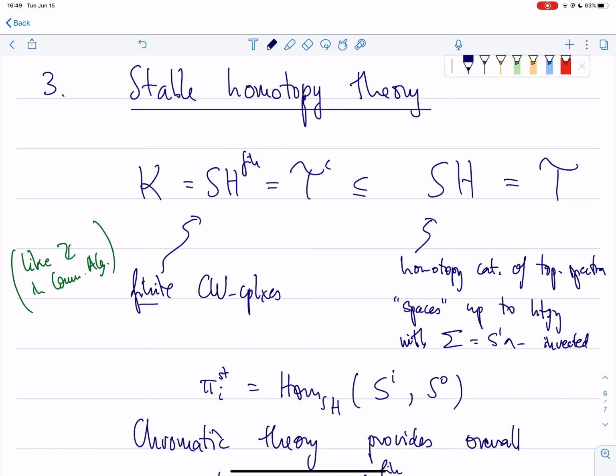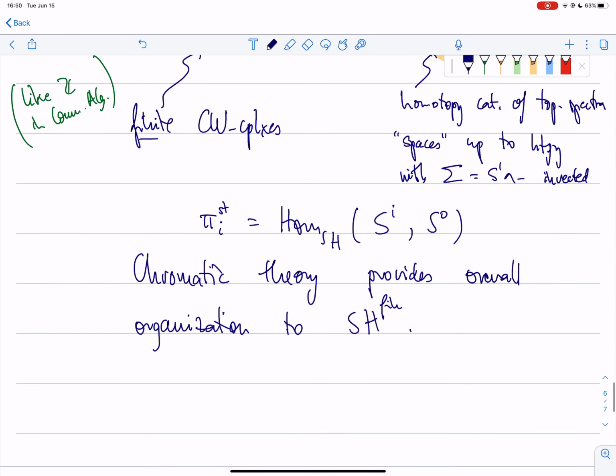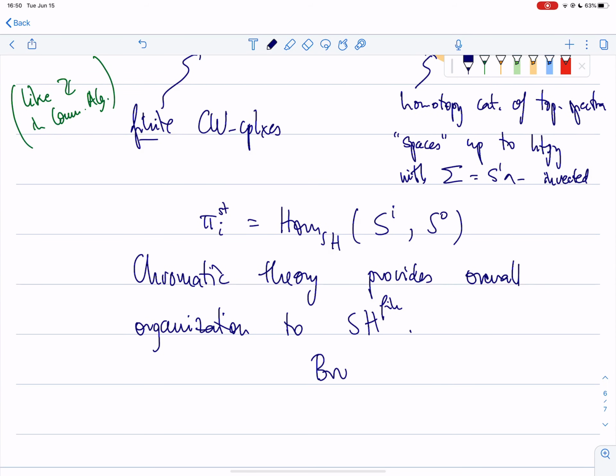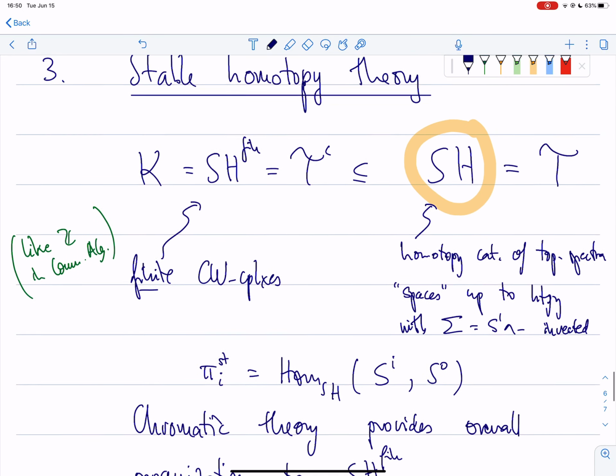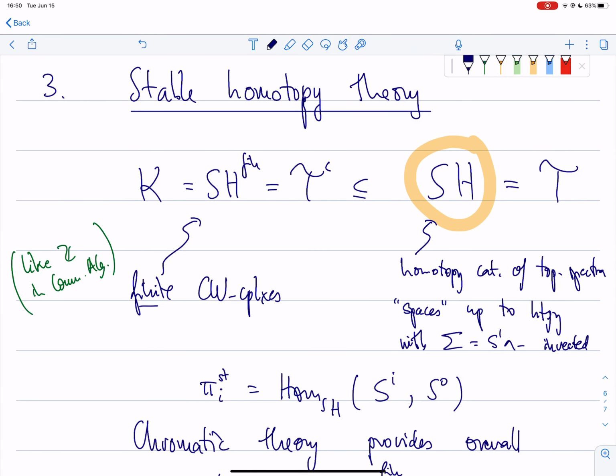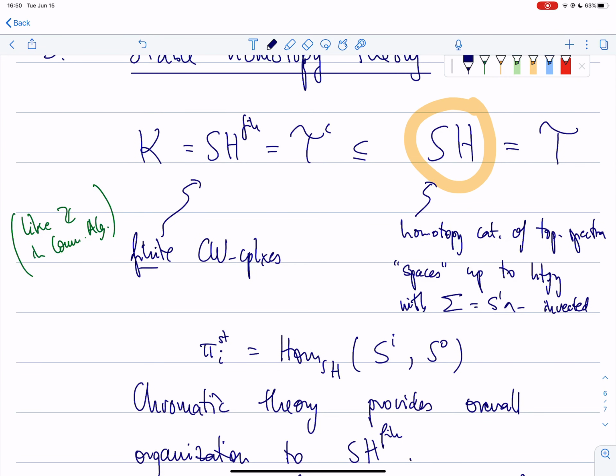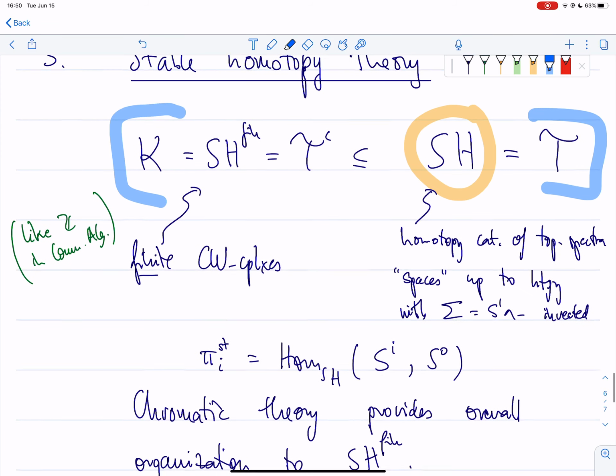But here also, as I alluded to before, it is very important to have a very big category here, because of the so-called Brown representability theorem. As with many things in this subject, results are born typically in topology, and the Brown representability theorem has been generalized by Neeman to the general pairs like that, big categories generated by their compact part.